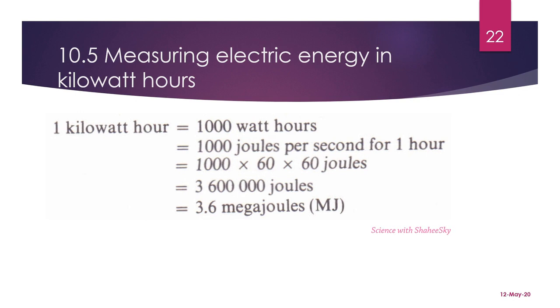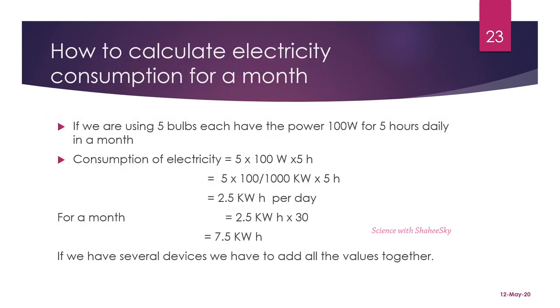Right, here we go with the calculation part: how to calculate electricity consumption for a month. If we know a device consumes electric power, for example if we are using 5 bulbs, each with a power of 100 watts, for 5 hours daily in a month.